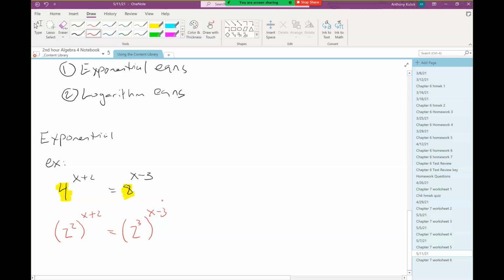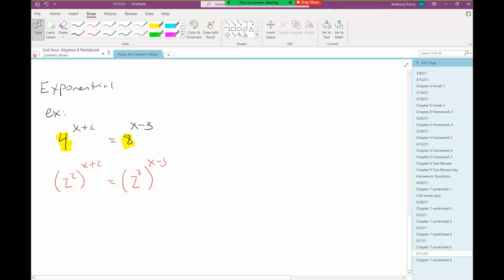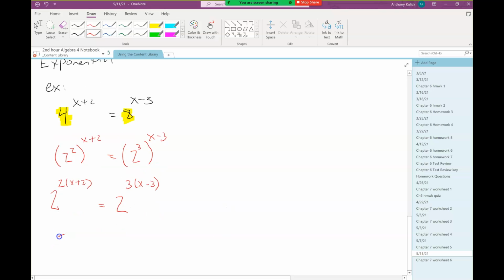From last chapter, you remember that if you have an exponent of an exponent, the exponents multiply. And then I can just kind of distribute those through.